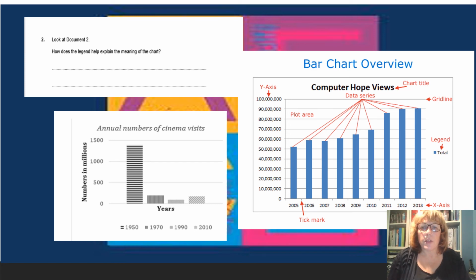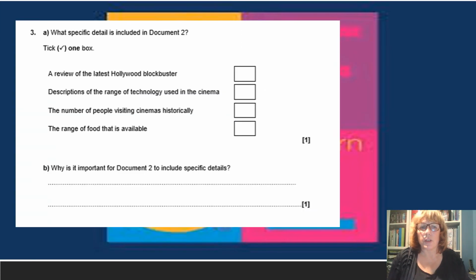So for this part of your reading, it's important now to think about, do you know enough about charts? Have you had enough experience about explaining charts? And if you think you need to do a little bit more work on that, add that to your revision.